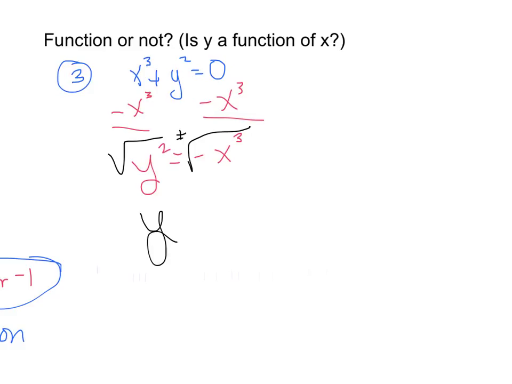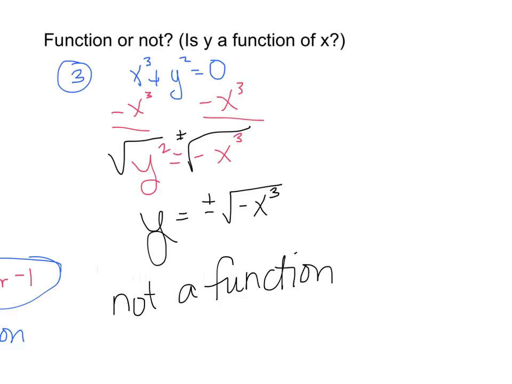So we'd get y is equal to plus or minus the square root of negative x cubed. Well, don't panic about this maybe being an i. What we care about to decide this is notice that we could get y, it's either a positive value or a negative value, which means this is not a function.